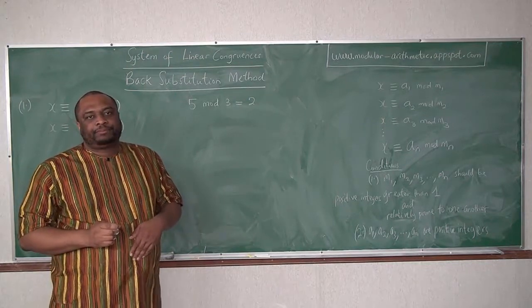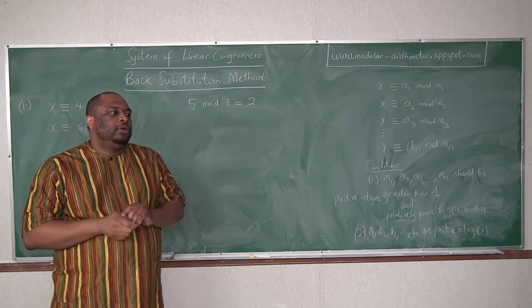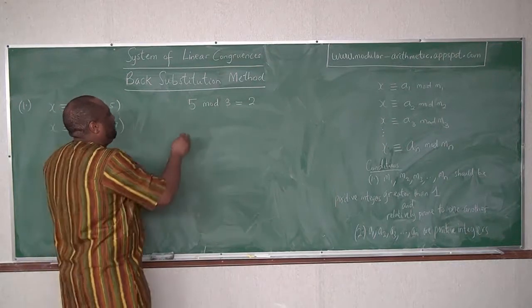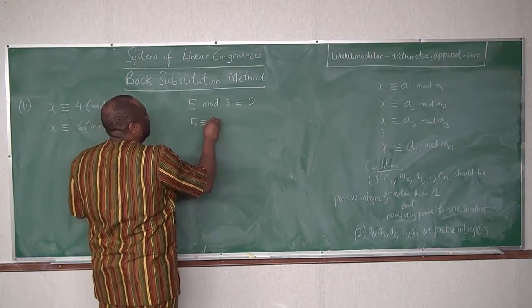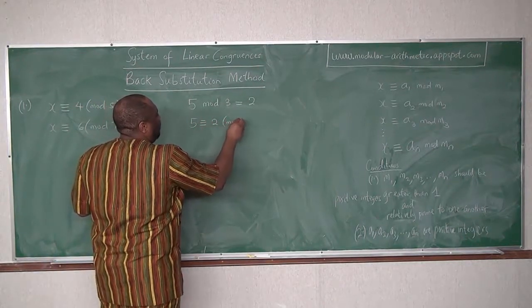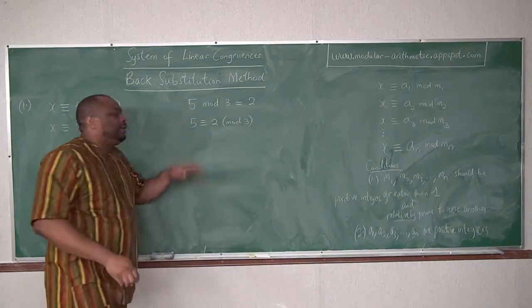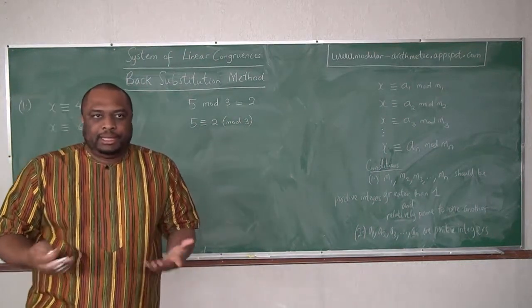So we say that 5 is congruent to 2 in mod 3. Remember, that was the way we said it.